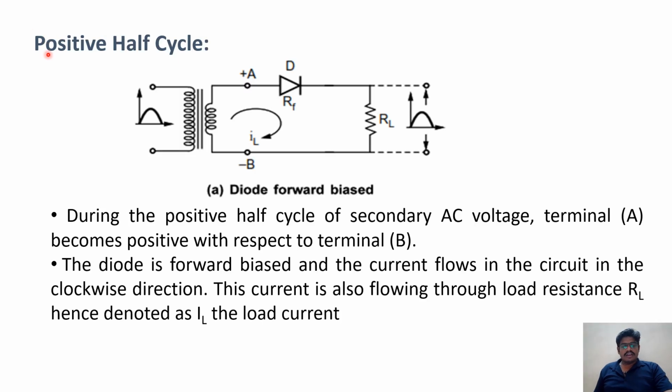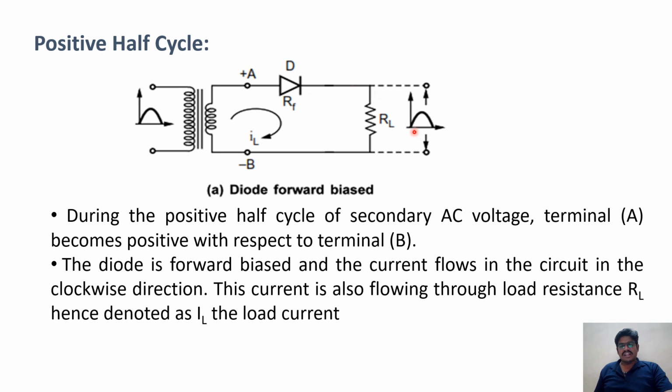Let's see the working of the half-wave rectifier. During the positive half cycle of the AC supply, terminal A of the transformer winding becomes positive with respect to terminal B, which becomes negative. The positive supply connected to the diode D makes it forward biased, and in forward bias the diode acts like an ideal conductor, like a closed switch, allowing the positive portion of the AC input to the load.